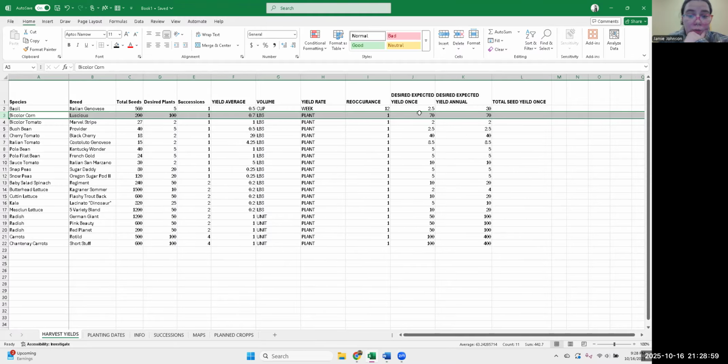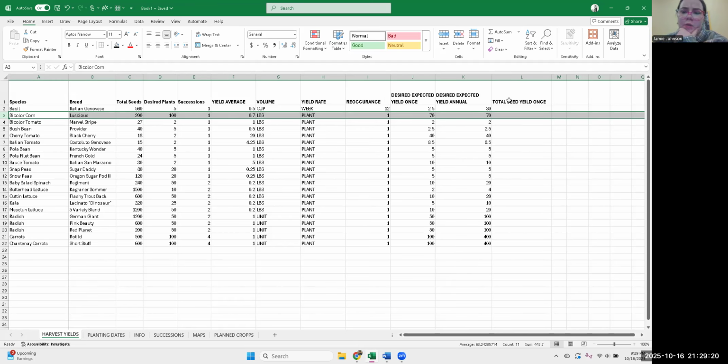The annual numbers are the same because you harvest corn, at least in my region, once a year. Things like tomatoes are the same, even though those harvests are spread out, talking about from beginning to end of each harvest.